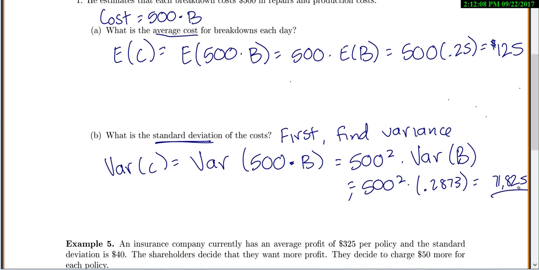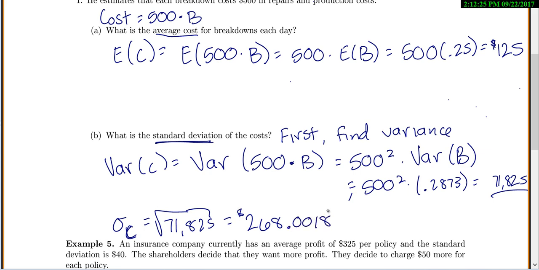Now that you have the variance, take the square root to get standard deviation. So the standard deviation for cost is going to be the square root of that 71,825, or 268.0018. So the standard deviation for cost is $268.